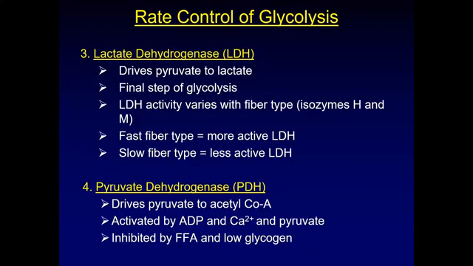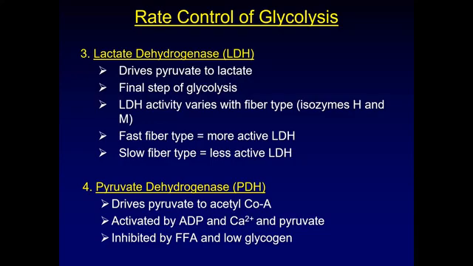The last two enzymes, one we talked about a little bit yesterday, the other we didn't. I wrote them on our diagram. The last two control steps in glycolysis are going to happen right here. They are the enzymes that will turn pyruvate into lactic acid, or will convert pyruvate over into acetyl-CoA and put us into the Krebs cycle.